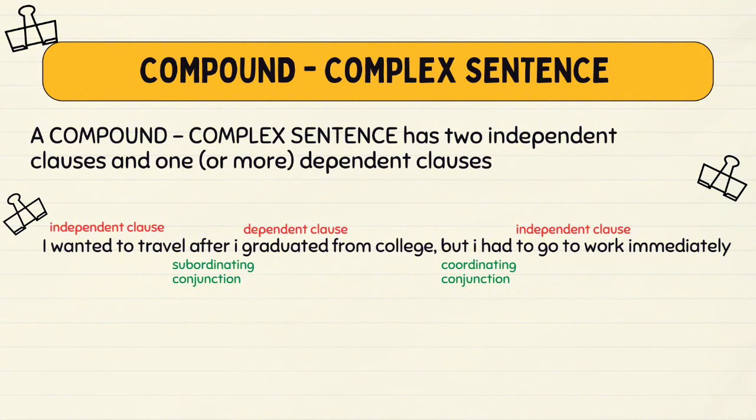The first is an independent clause, I wanted to travel, followed by a dependent clause, after I graduated from college, with the subordinating conjunction after, and followed by the second independent clause, I had to go to work immediately, with the coordinating conjunction but.